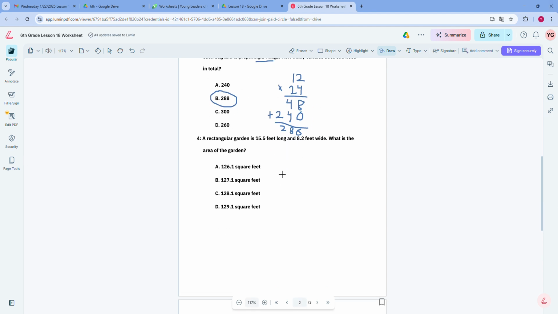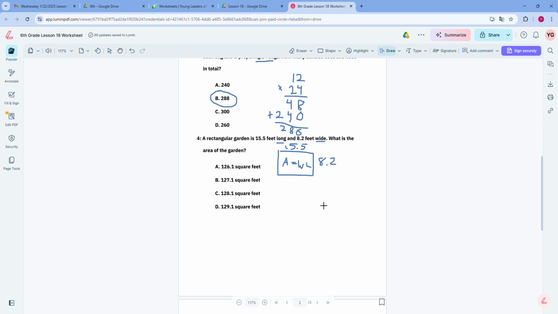A rectangular garden is 15.5 feet long and 8.2 feet wide. What is the area of the garden? Now, area is width times length.